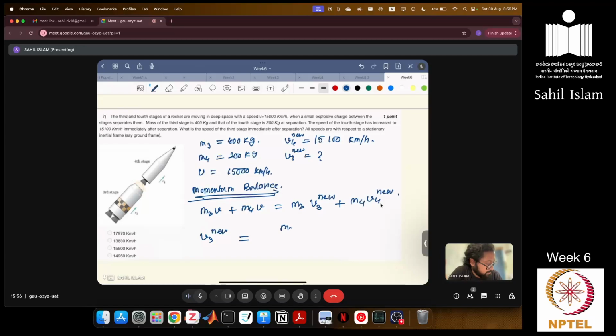So v3 new equals (m3 plus m4) v minus m4 v4 new, divided by m3.